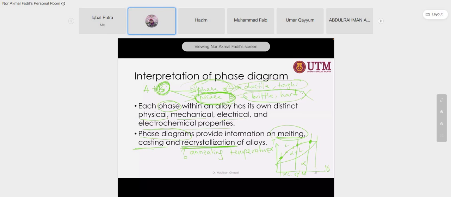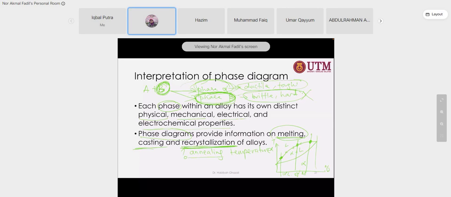Where do you learn about annealing process? Chapter 3. For what? Why we do annealing process? Crystal growth. Crystallization. Yeah, for crystallization. That's good.